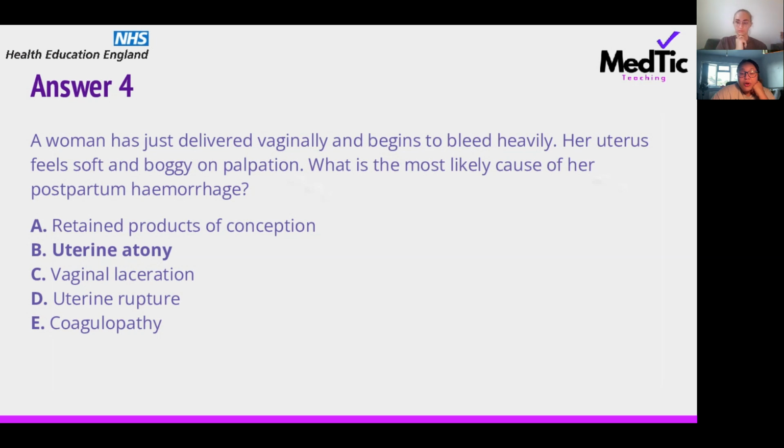It's also accompanied by signs like loss of fetal station, or the mum being unstable, and the uterus may not be palpable, or may be particularly tender. Coagulopathy is considered with persistent bleeding with no definitive cause, or DIC, disseminated intravascular coagulopathy, but it's less likely as the initial cause immediately after birth.